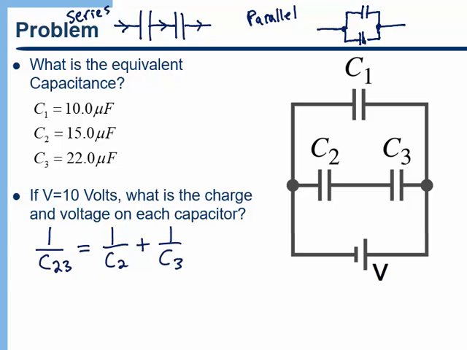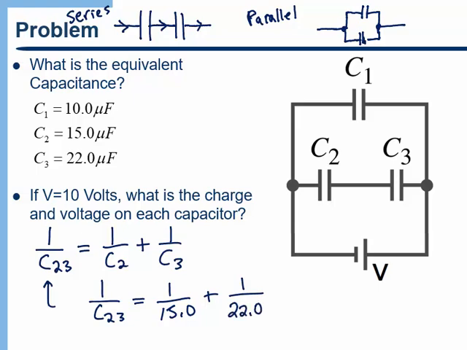Let me show you the notation that I'm going to be using and that I want you to use. Basically, when you combine capacitors in some way, denote the new capacitor with both numbers that went into it, okay? So that way I'll know what you're talking about. Just to show you the math here, 1 over C23 is equal to 1 over 15 plus 1 over 22.